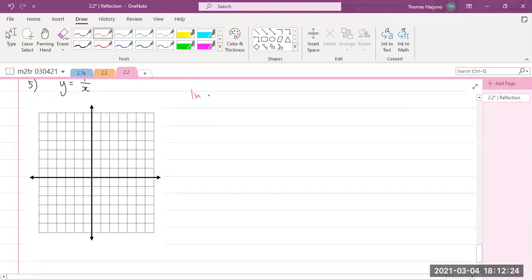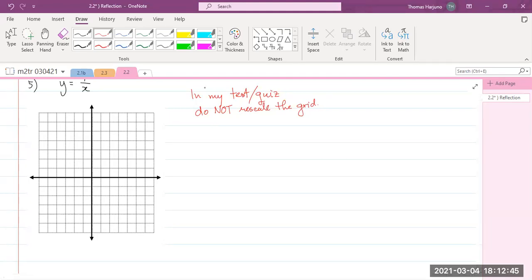But in my test or quiz, do not rescale the grid. In other words, one grid represents one unit. But for this one here, let me rescale it so that we can see it better. So two grids represent one unit.